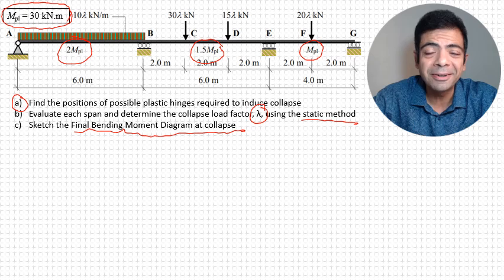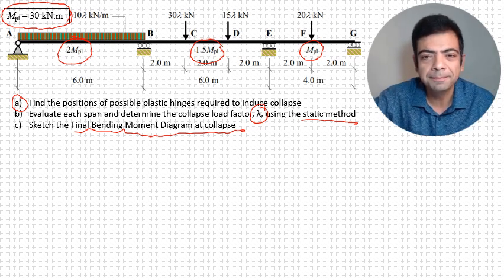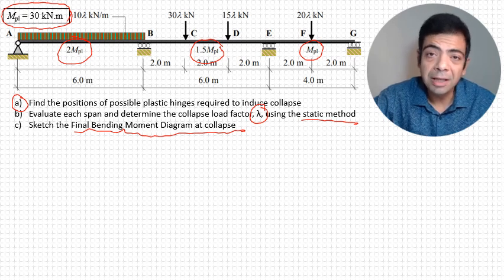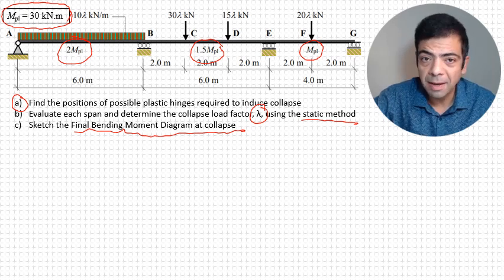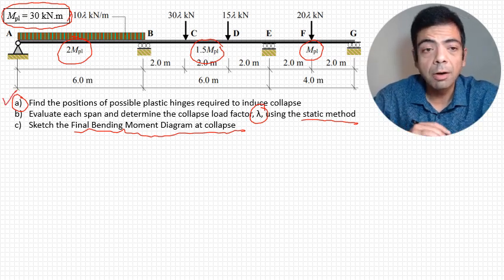How do we start? What's the first step? We need to evaluate each span separately. So let's go with point A. Where are the possible plastic hinges?